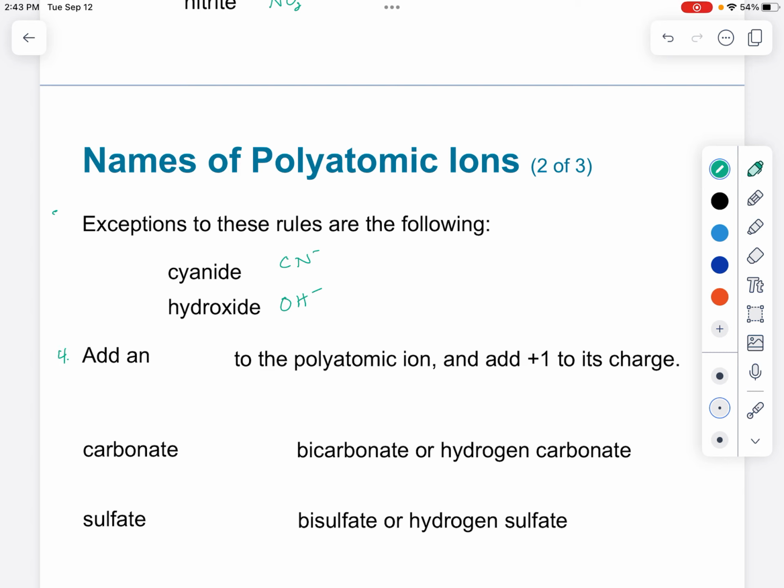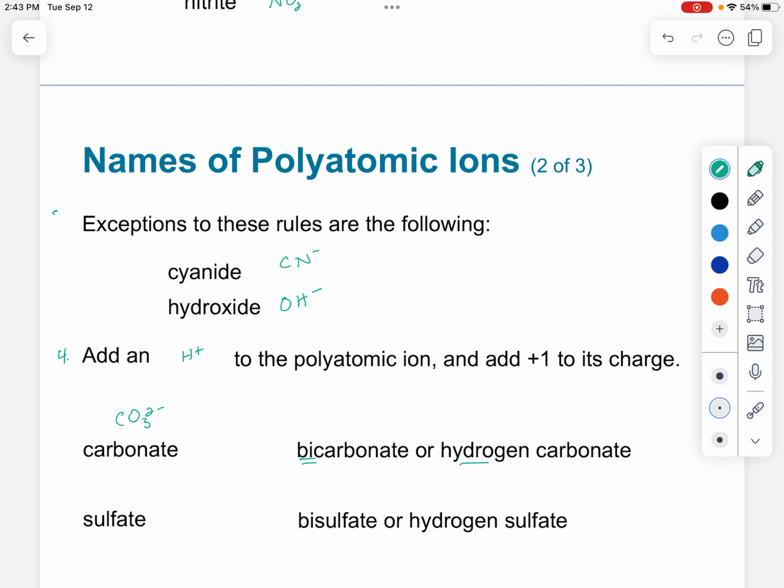Another helpful clue is that if you add an H plus, then the charge changes. You're adding a hydrogen. So, for example, carbonate is CO3 2-. Well, if I add an H plus in front of it, it becomes bicarbonate or hydrogen carbonate.